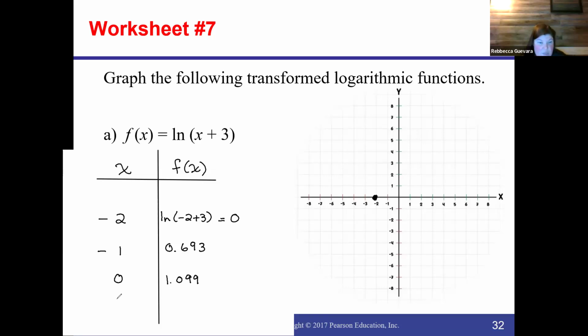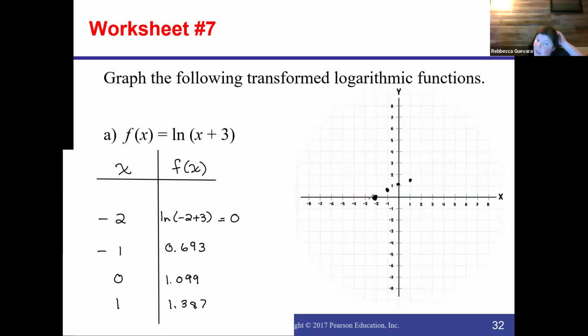If I put in 1, then I'm going to get 1.386. So just to graph a few more of these points, we see here at negative 1, I'm about here. At 0, I'm just a little above 1. At 1, I'm about here.